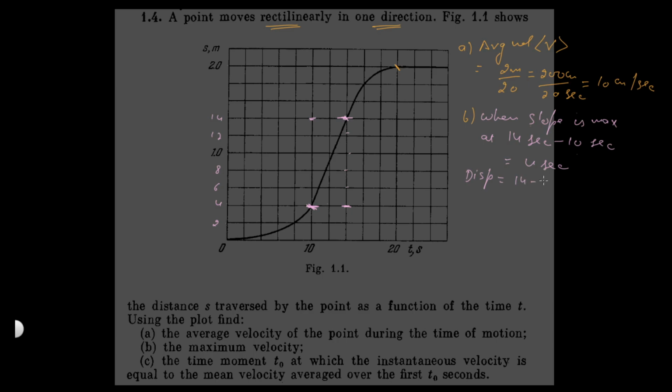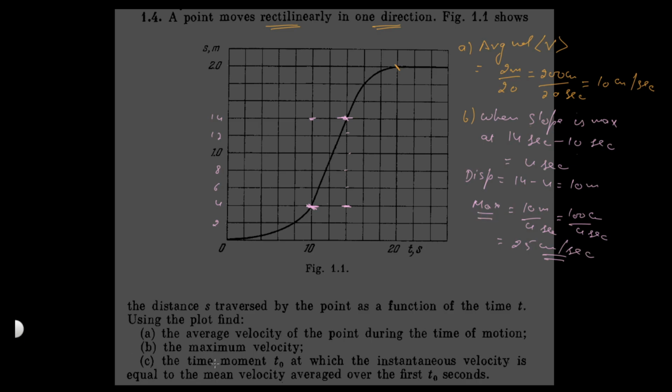So 14 minus 4 equals 10 meters. This maximum velocity is for the time when the slope is maximum, that is 10 meters in 4 seconds. That is 1000 centimeters upon 4 seconds, which equals 250 centimeters per second. 250 centimeters per second is the velocity at the time when it is maximum.